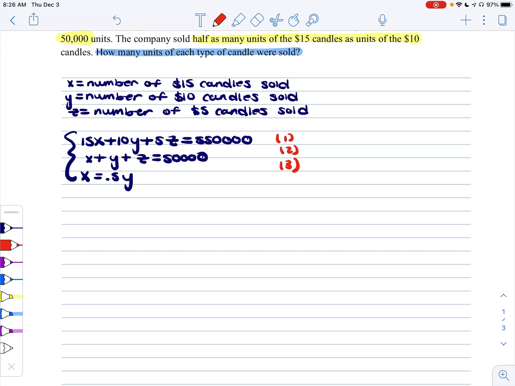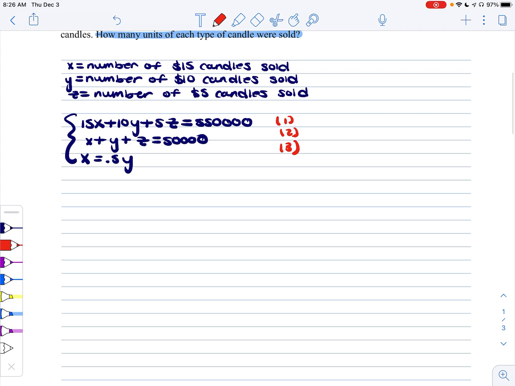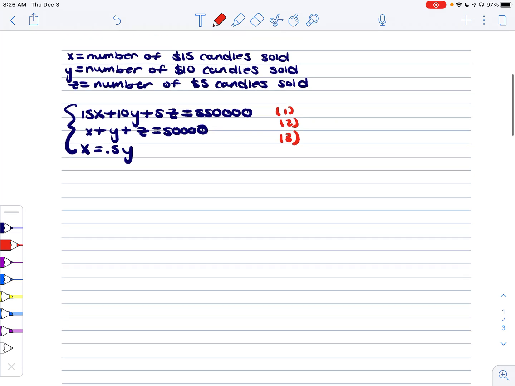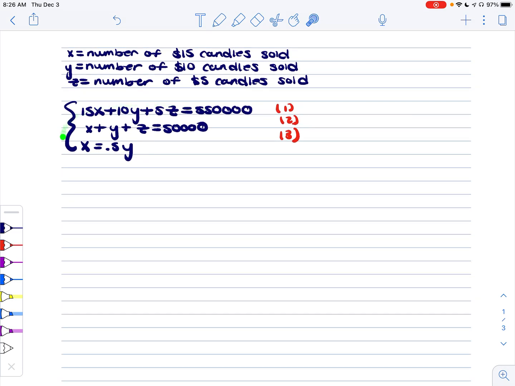Now we need to solve it like usual. We did an example similar to this in the previous set of videos on the 3x3 systems, where we have our three equations, but one of the equations only has two variables. You might recall that when this happens, this third equation is already set for now.